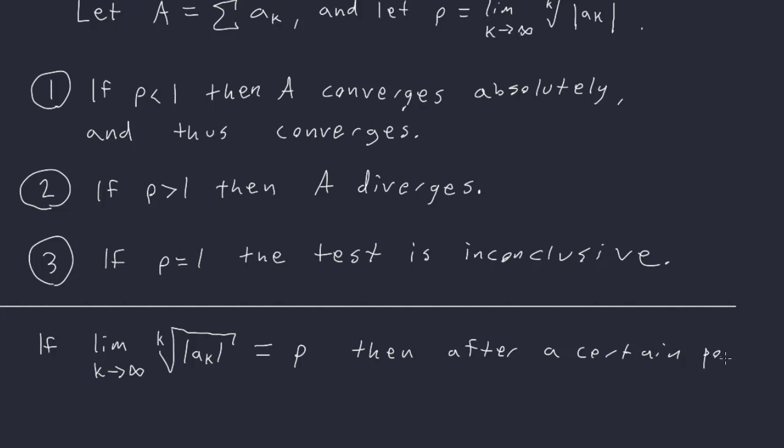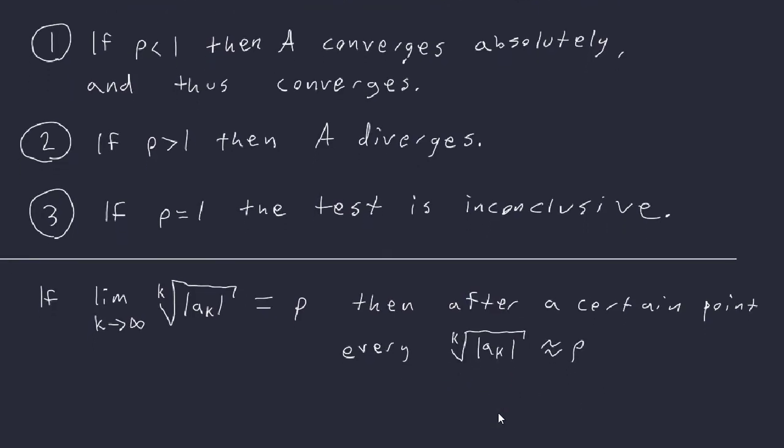Whatever it is, after a certain point, we'll basically have that every kth root of absolute value of a sub k is approximately equal to rho. Right? Because eventually they all have to get really close. So after a certain point, all of them have to be really close.